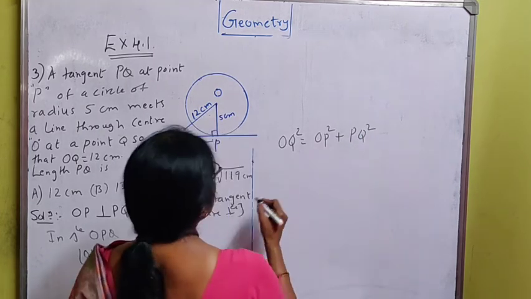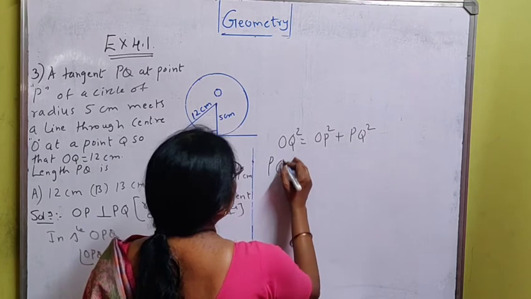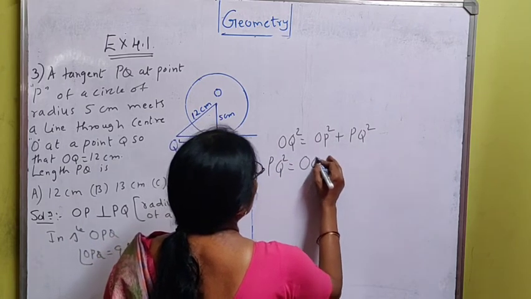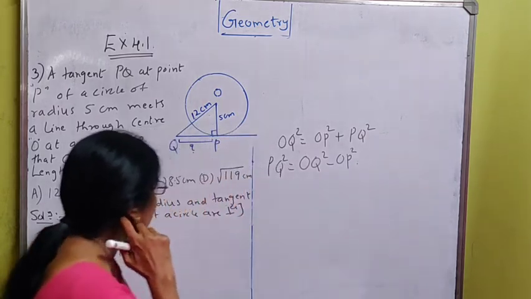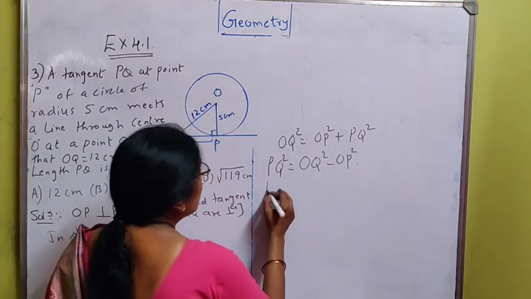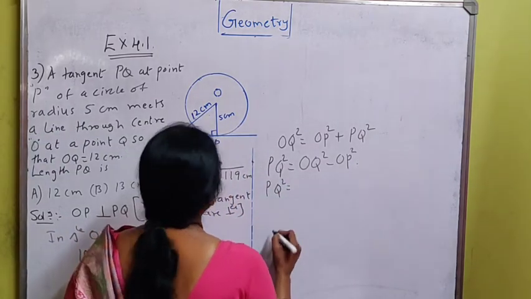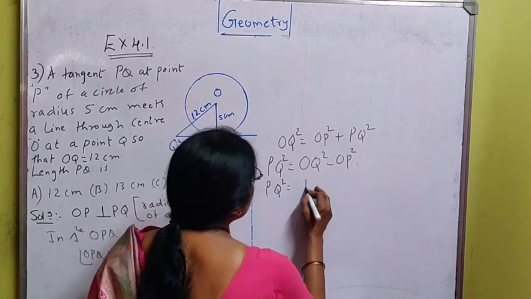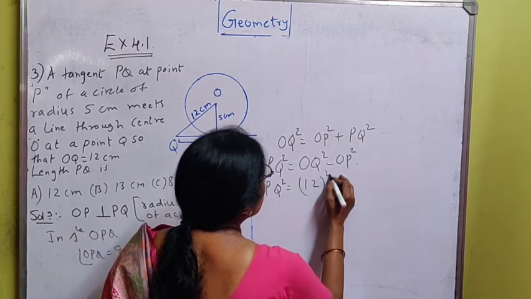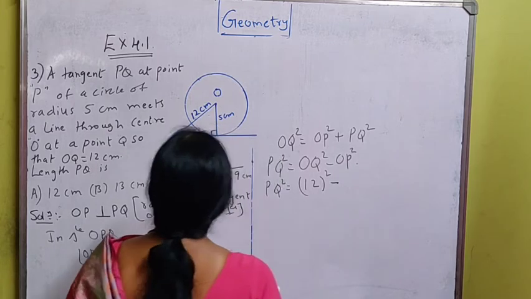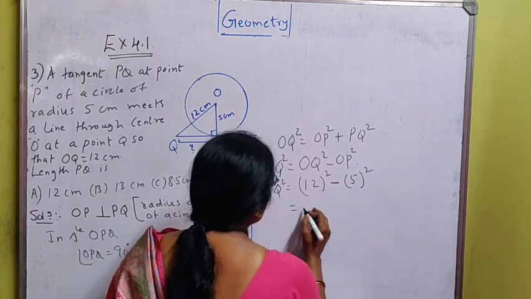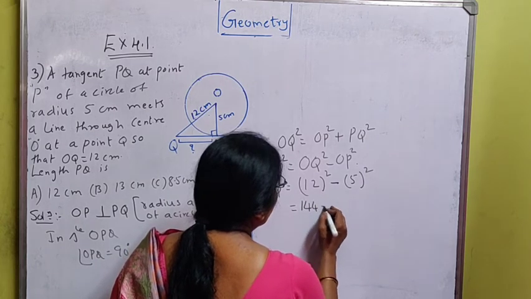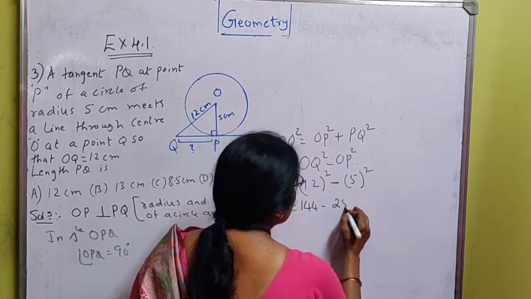We have to find PQ, so PQ square is equal to hypotenuse square minus the given side square. What is OQ given? 12. So 12 the whole square minus OP, which is given as 5, 5 the whole square. 12 square is 144 minus 5 square is 25.